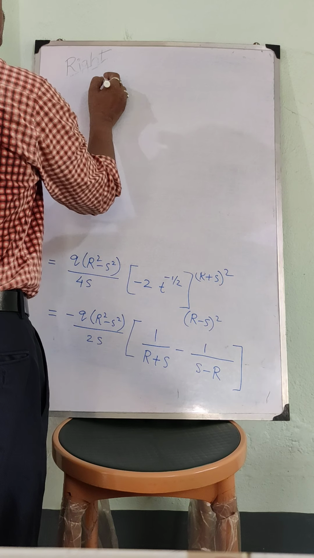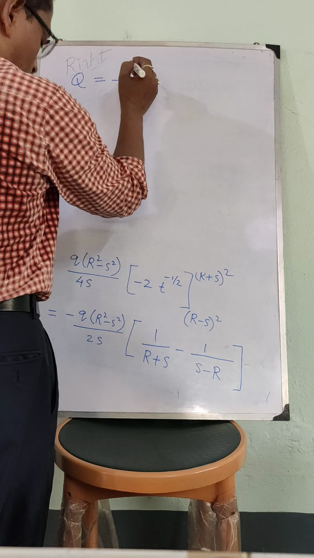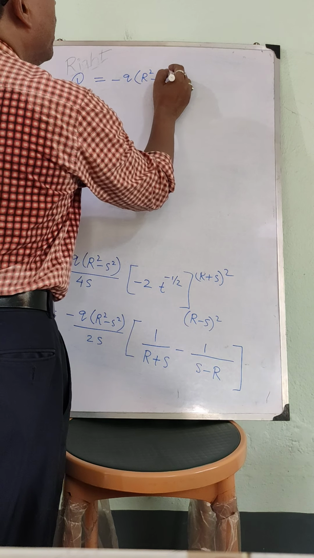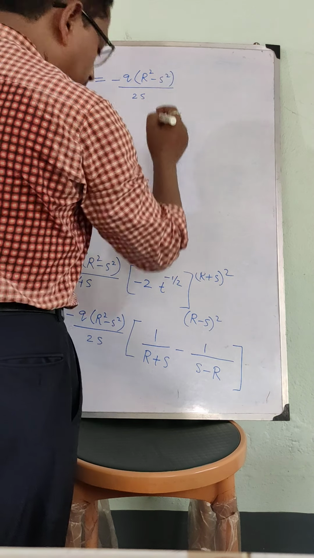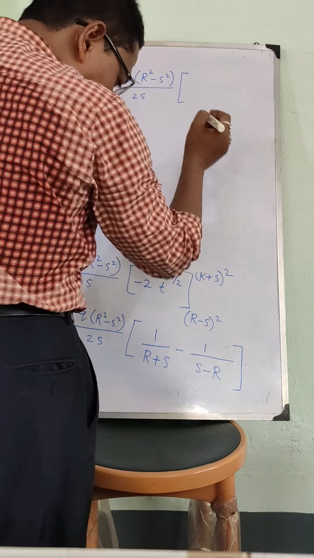So the net induced charge Q is equal to minus q r square minus s square divided by 2s. Now I can do the algebra.